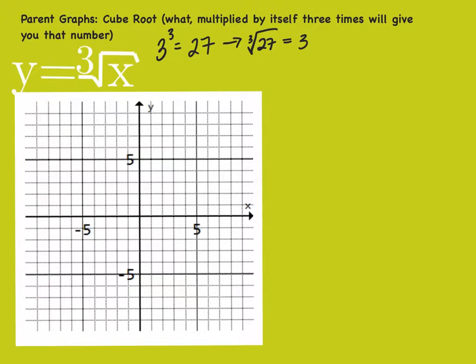In case you hadn't seen that before. If you want to put that in the calculator to do the table, you can put 3 and then the caret sign to the power of 1 divided by 3. That'll work on Desmos. You can also find the cube root button under the math menu on the calculator.